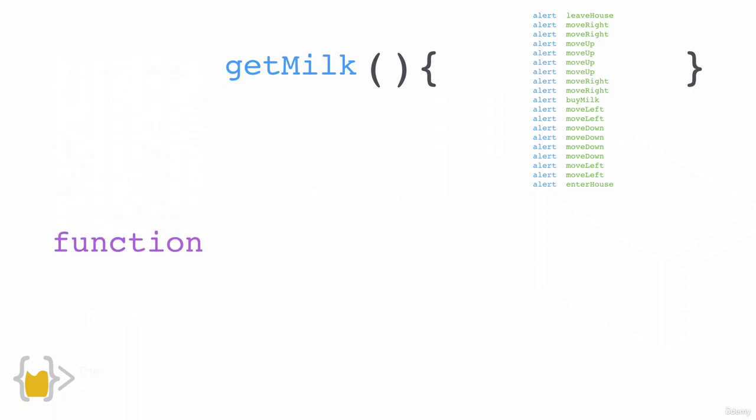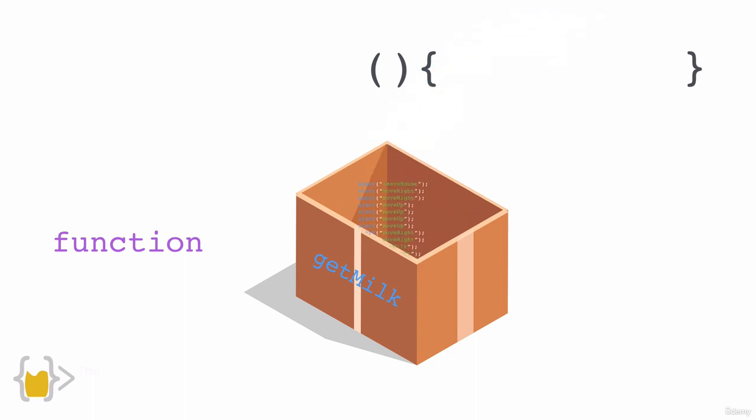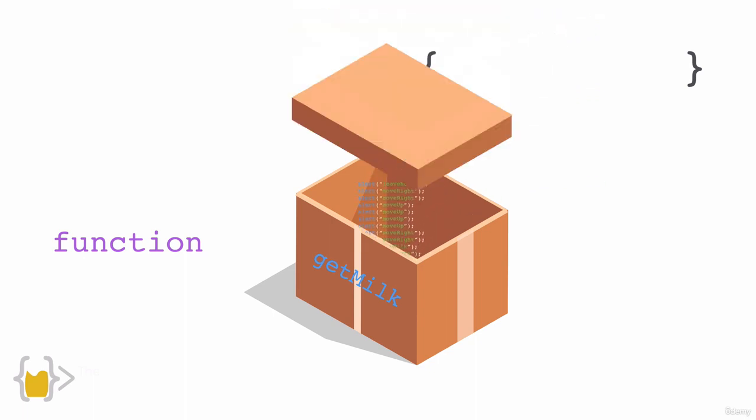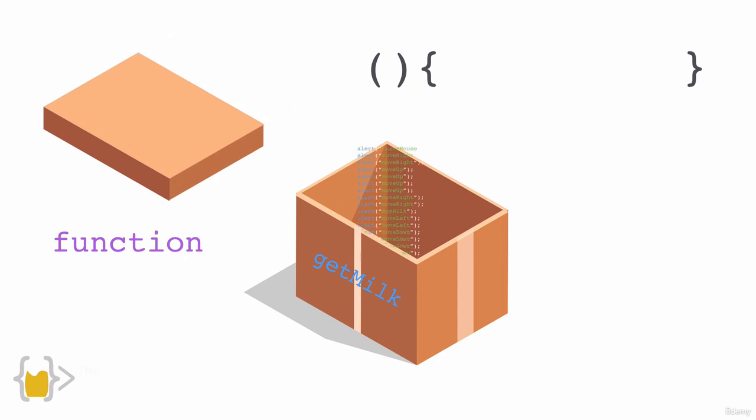We use the function keyword to say that we're creating a new function, and then we get to give the function a name to identify that block of instructions. And finally, we get to put in all the instructions that we want to be carried out whenever we call the function getMilk. And when we do call the function getMilk, then all of the instructions inside that function will get taken out and executed.